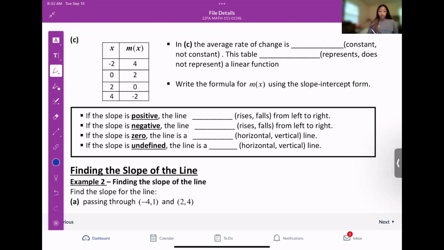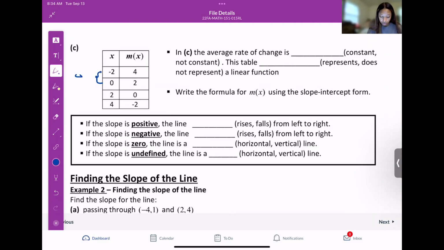All right, so let's go through C here. For C, is the average rate of change constant or is it not constant? These x values are all changing by 2. So delta x equals 2, delta x equals 2, delta x equals 2, and then delta y is negative 2, negative 2, negative 2.